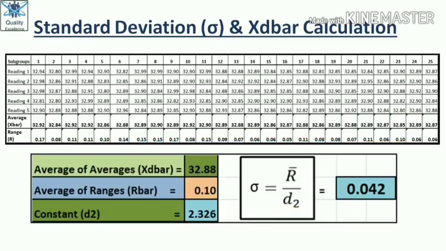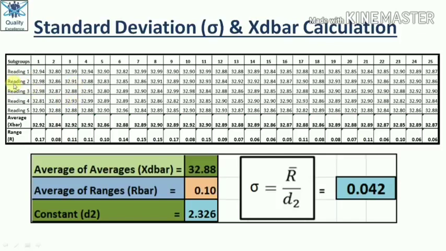Now let us calculate the standard deviation and X double bar based on our specification. Our specification is 33 plus or minus 0.2. You can see the data is plotted here. There are a total of 25 subgroups with 5 readings in each subgroup, so overall 125 readings.